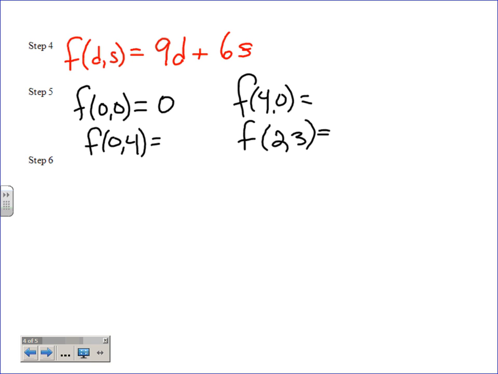You know, how about 0, 4? We'll go down to this bottom one. So 0 in for D, 4 in for S. 24. 4, 0. 2, 3.